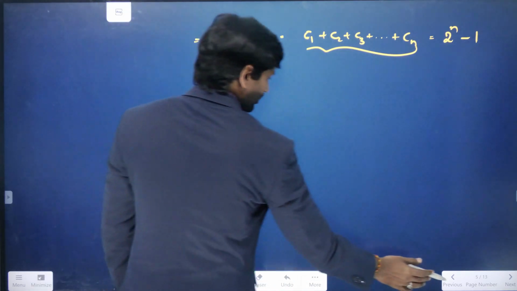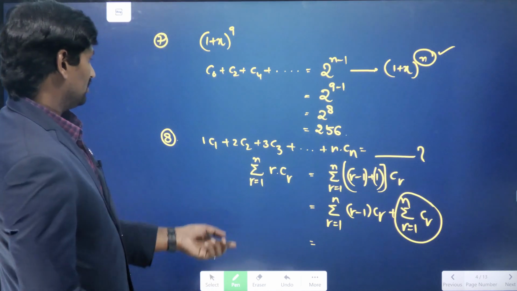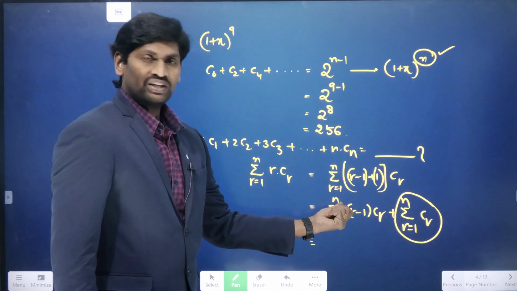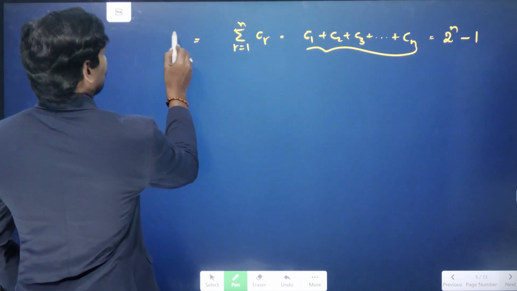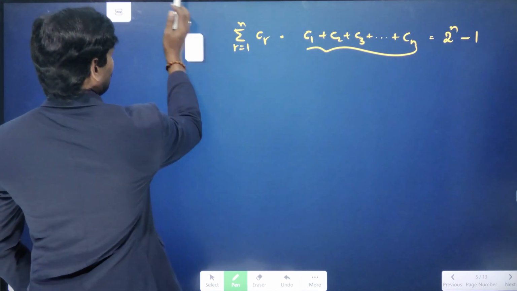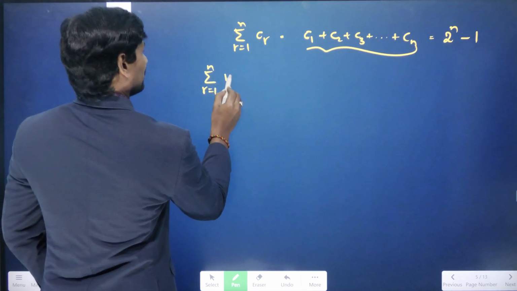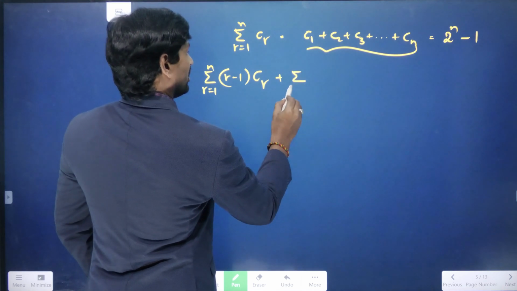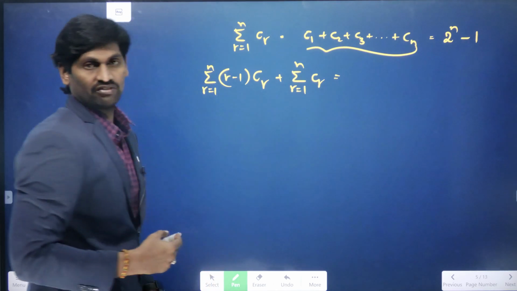Okay. Now coming to this one, it is written that sigma r equals 1 to n r minus 1 Cr. So I am writing sigma r equals 1 to n r minus 1 into Cr plus sigma r equals 1 to n Cr. The previous step I have written.